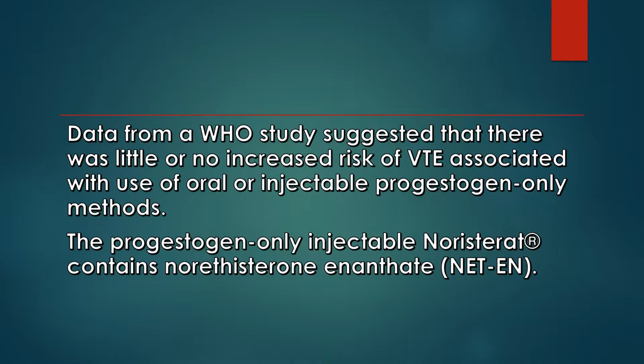Data from a World Health Organization study suggested that there was little or no increased risk of VTE associated with use of oral or injectable progestogen-only methods. The progestogen-only injectable Noristerat contains norethisterone enanthate, or NET-EN.